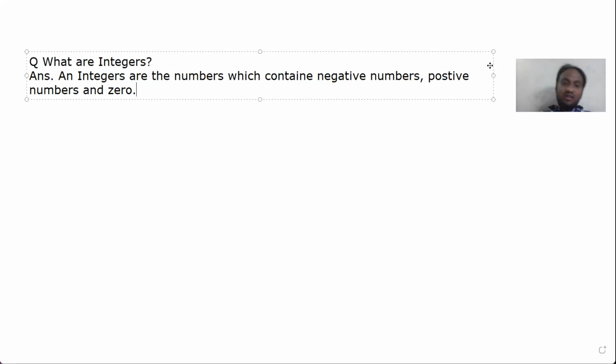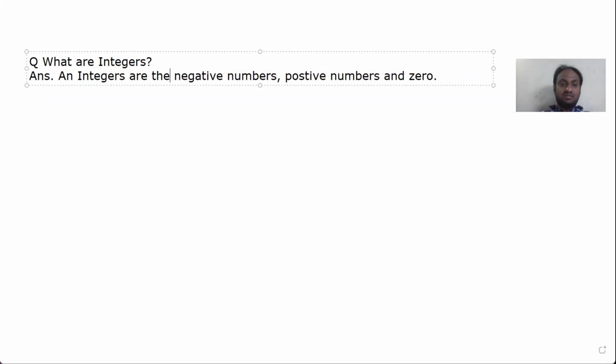Integer is a set of negative numbers, positive numbers, and 0.